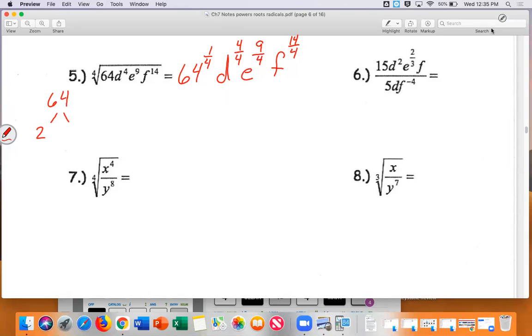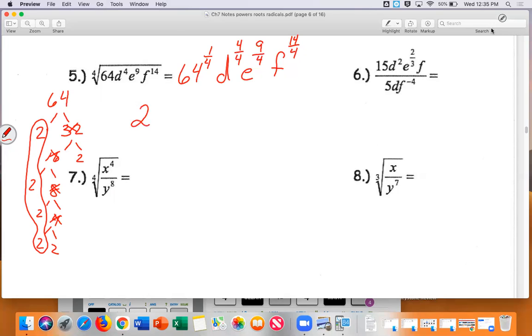64 divided by 2 is, break it down by 2. All right, so 16 and 2, break it down by 2. All right, so we got a whole bunch of 2s, right, Lance? But I need groups of 4. So I have 1, 2, 3, 4. So I have 4. So 1, 2 comes out.